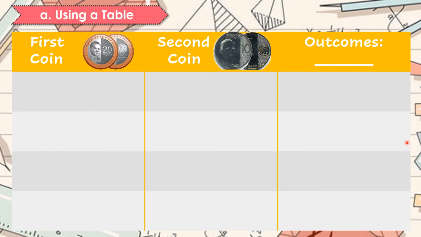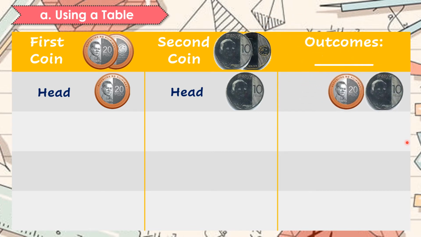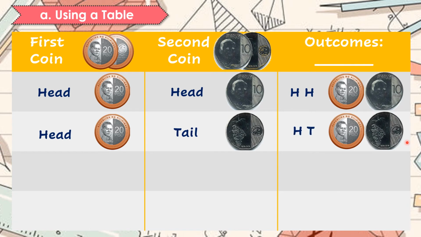Now, after tossing a coin, if the first coin is a head and the second coin is a head too, then the first possible outcome is head-head. Pwede ding ang first coin natin ay head, ang second coin ay tail. Then, mayroon tayong outcome na head-tail.